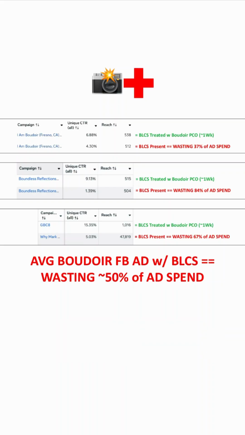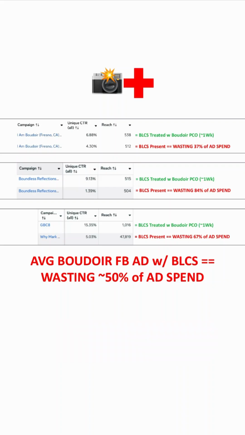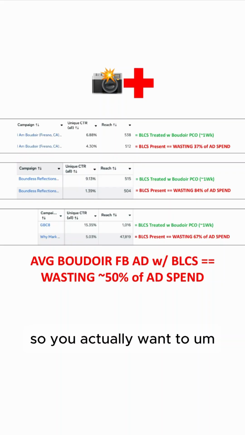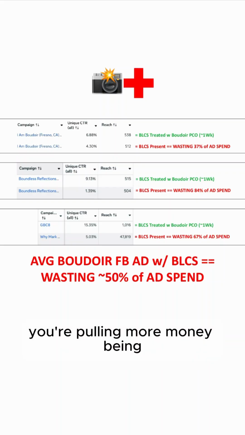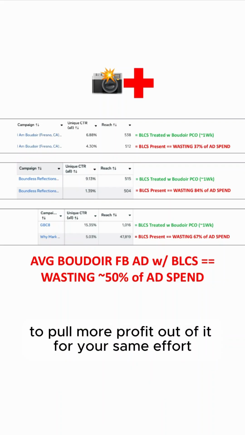And so you're seeing the market saturation, competition heat up, more sellers for the same number of buyers, and you're still seeing inflation hitting everyone hard in the country. So you want to optimize the business more to pull more profit out of it for your same effort.